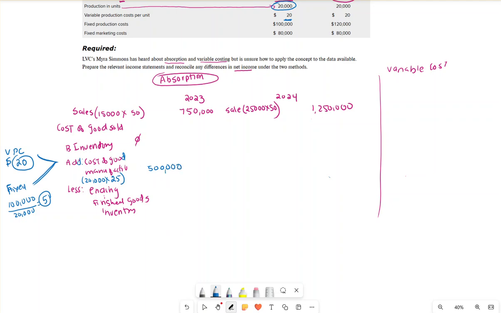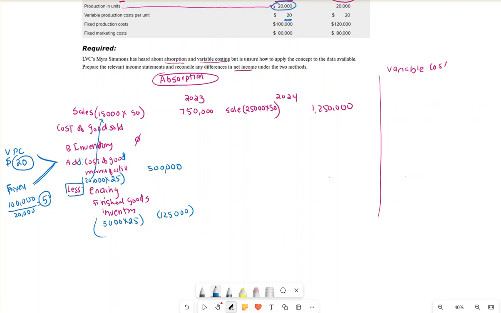My ending: we produced 20,000, but we sold 15,000. We're left with 5,000. 5,000 at 25, that's how much we're left with, and that is my 125,000.